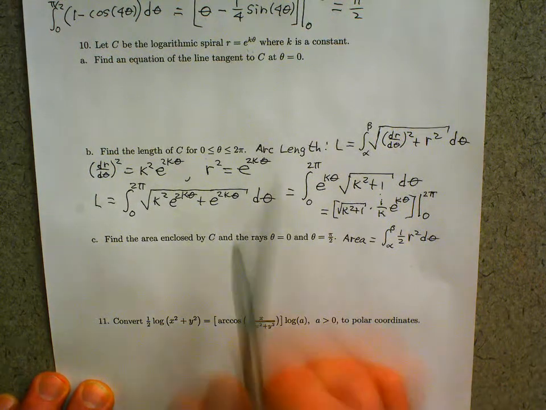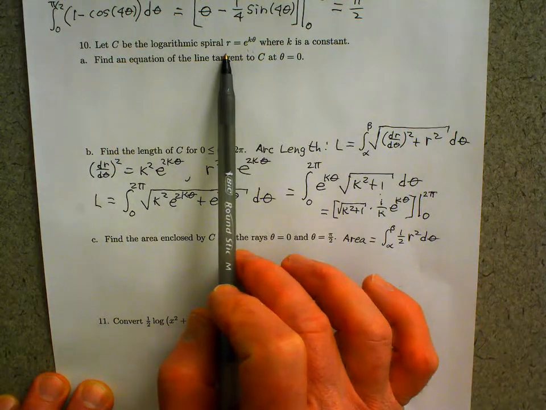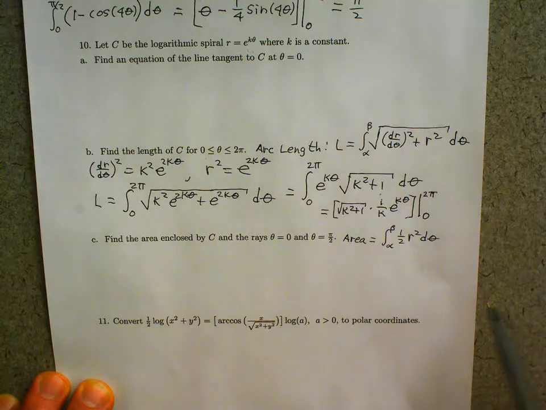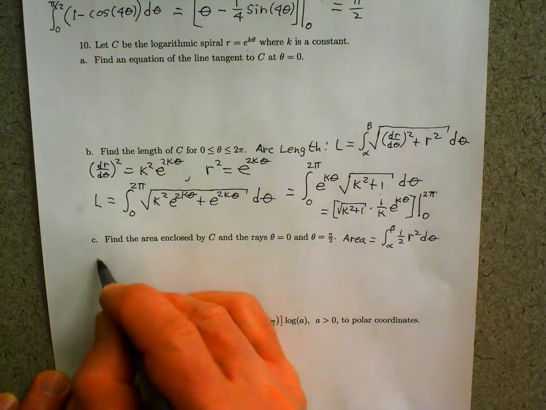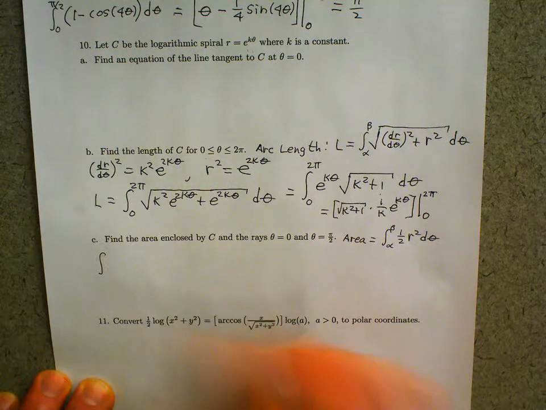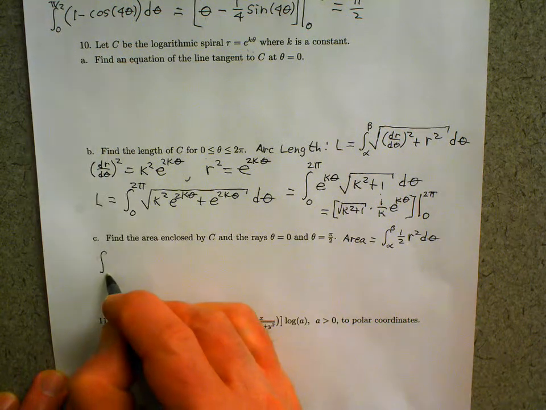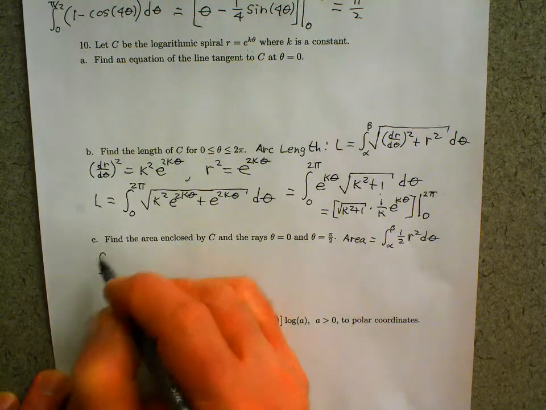Since r is e to the k theta, r squared is e to the 2k theta, and our integral is between the rays theta equals 0 and pi over 2.